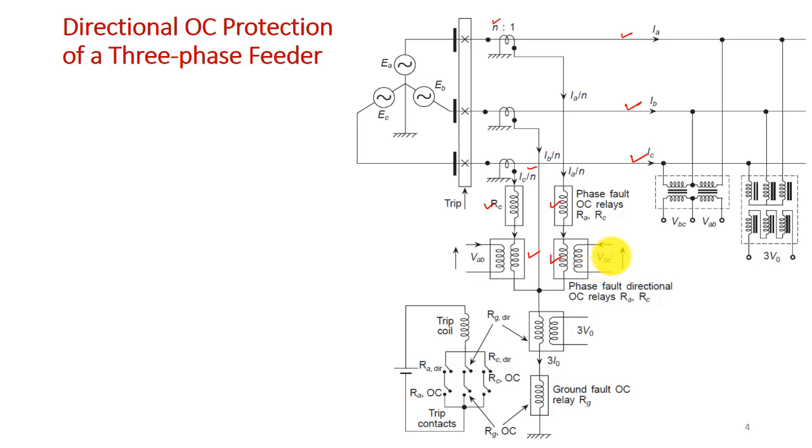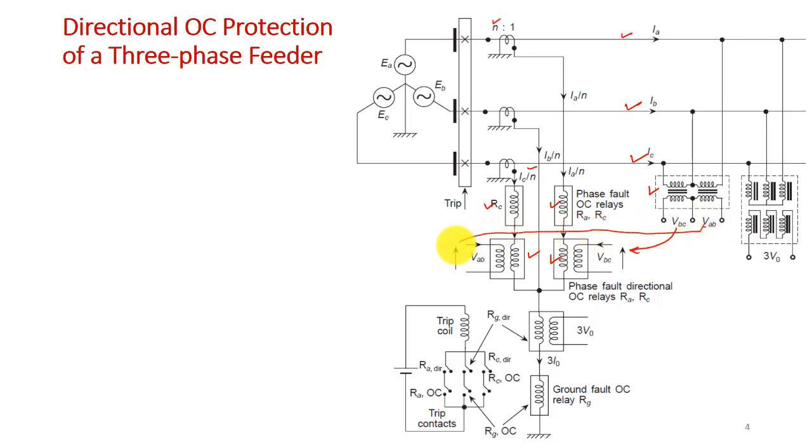Already we have seen these are the 90-degree connections. And how do we get VAB and VCB from here? From the potential transformer, from the voltage transformer. Here we have the voltage transformer. From here we'll get VCB, which will be fed to this, and VAB will be fed here.